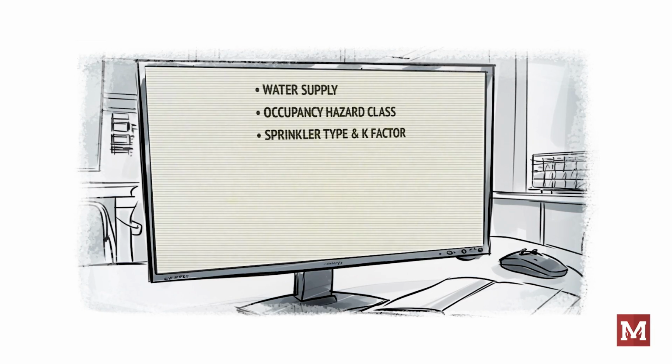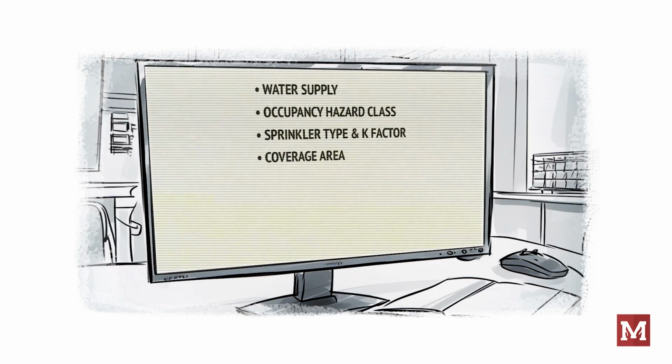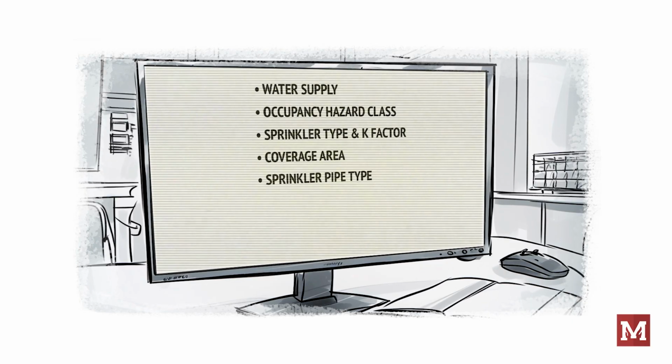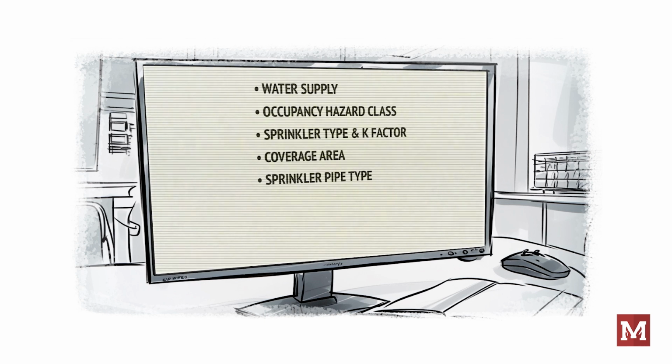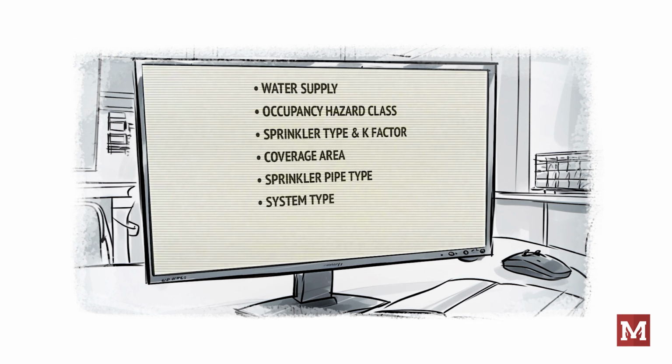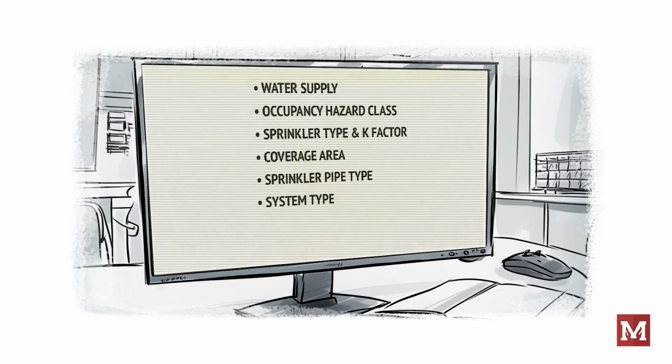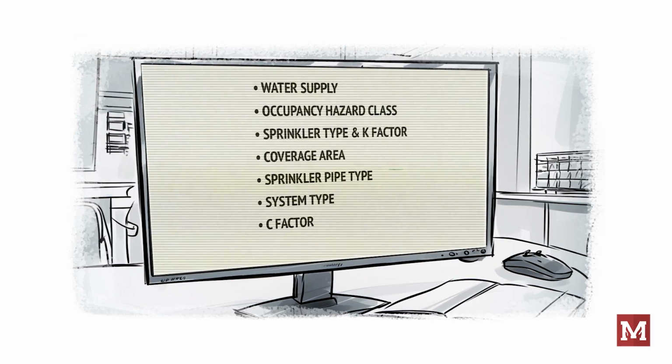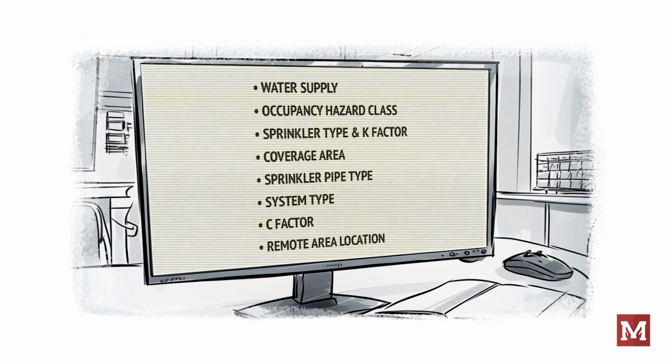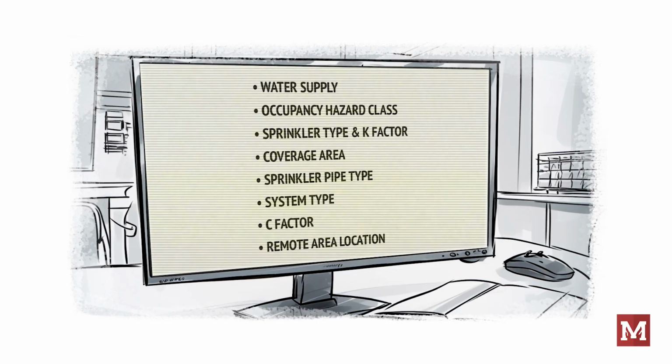We also need to know how much square footage each sprinkler is covering. We need to account for the sprinkler pipe used to supply our sprinklers because different schedules of pipe have differing inside diameters. We also need to know if this is a wet system or a dry system so that we use the correct corresponding C-factor. Finally, we need to find out where our remote area is. And there you have it. That's the information we need to compile and organize to calculate our system.